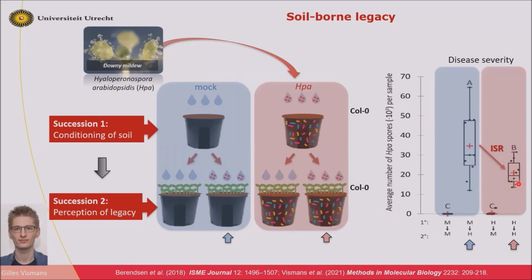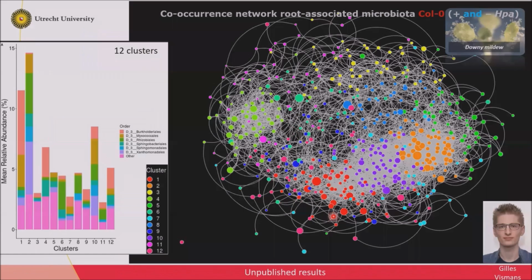So the disease is much lower on these plants than on plants that were grown on soil that was previously conditioned with healthy plants. So apparently the microbial community that is recruited here provides protection in the next generation of plants against the downy mildew infection. Then, of course, the question is, how does this work?